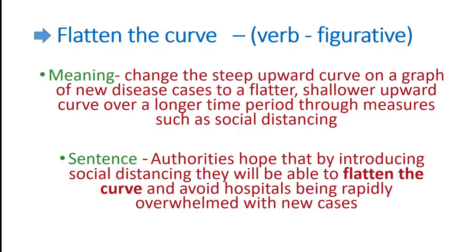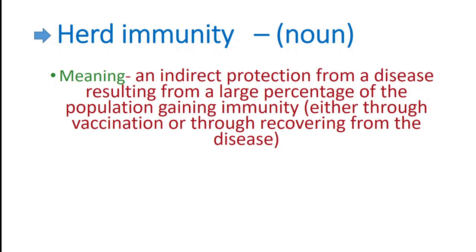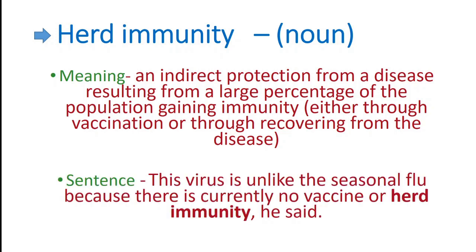Herd immunity, noun, meaning an indirect protection from a disease resulting from a large percentage of the population gaining immunity, either through vaccination or through recovering from the disease. Sentence. This virus is unlike the seasonal flu because there is currently no vaccine or herd immunity, he said.